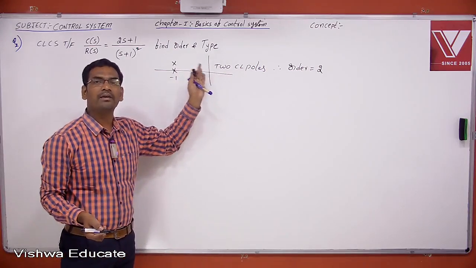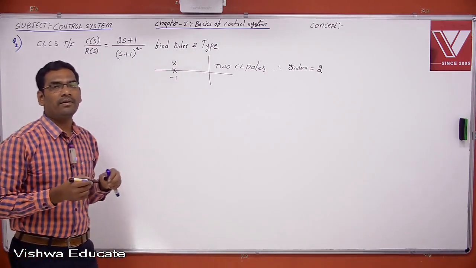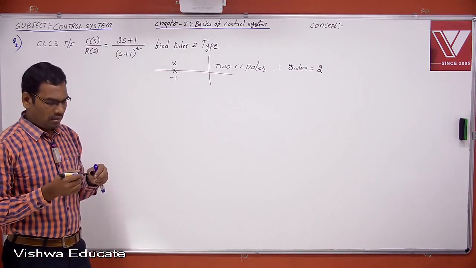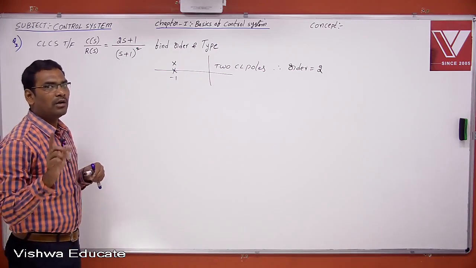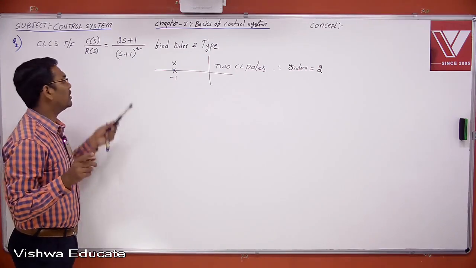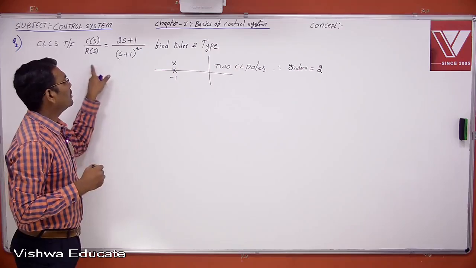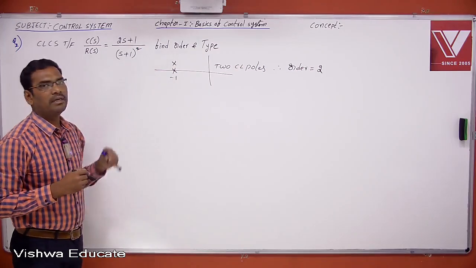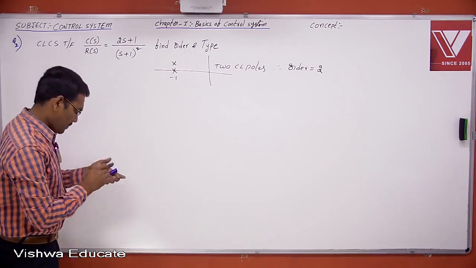Closed loop poles give only the order, but the type is a parameter which we can get only from the open loop transfer function. Therefore, for finding the type, you go to the open loop transfer function. Counting the poles at the origin in the closed loop control system will give the wrong answer. From here you can find the order; for finding the type, you go to the open loop control system.